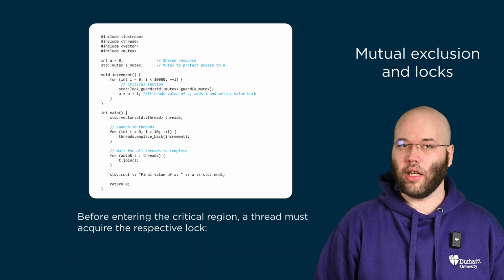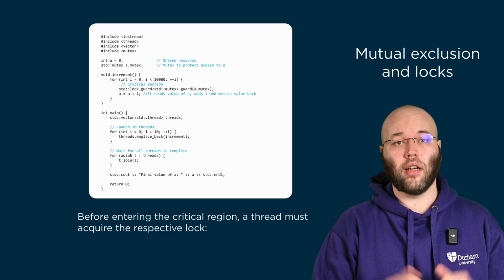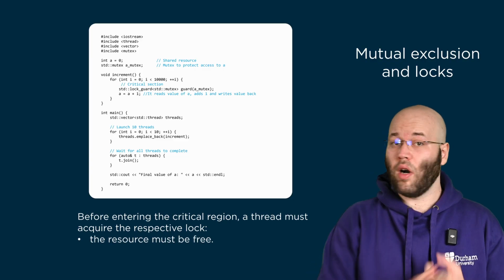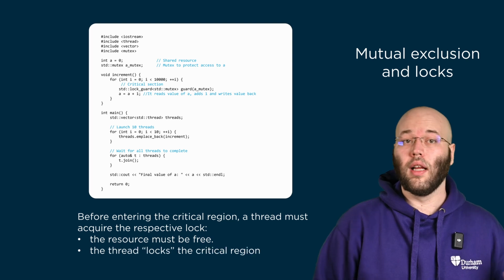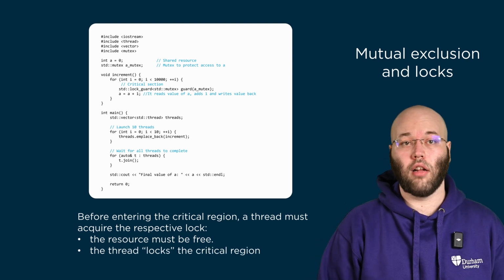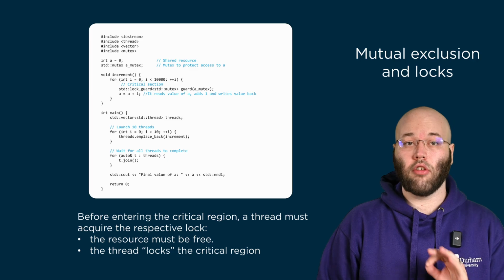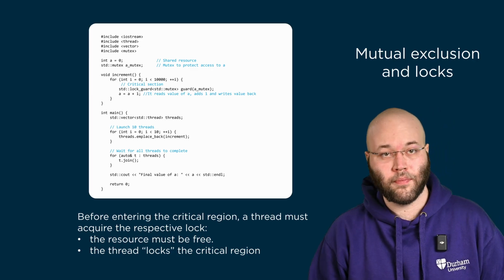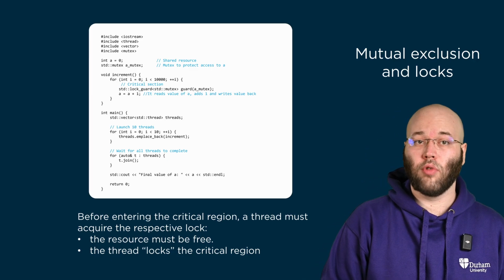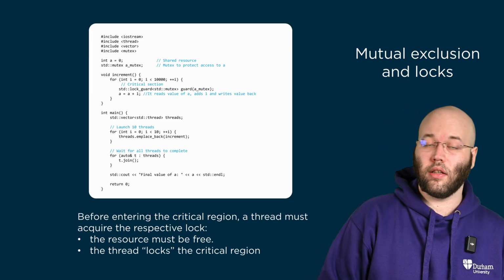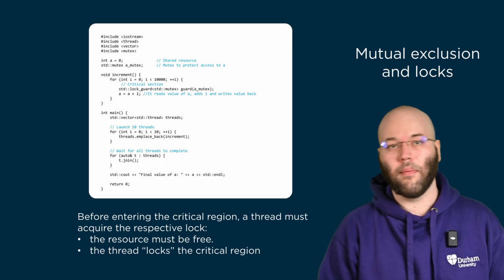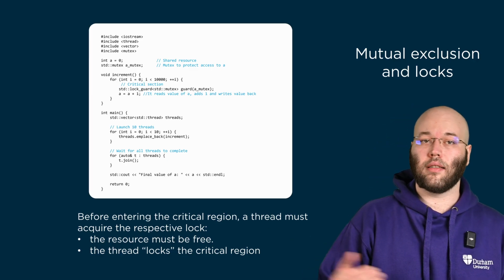Before entering a critical region, a thread must acquire the respective lock, meaning that 1. The resource must be free, and if it is, then 2. The thread then locks the critical region, specifying that the critical region is currently being accessed. Once it has completed its work in the critical region, the same thread that locked the lock also unlocks it, or releases the lock, allowing other threads to access it from then on.